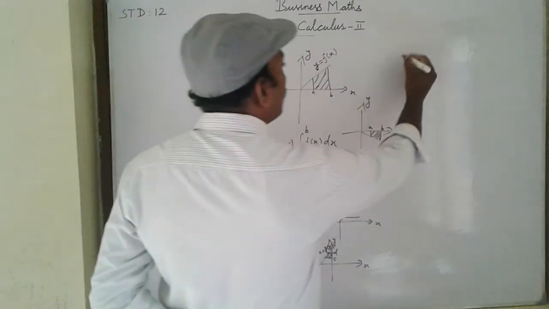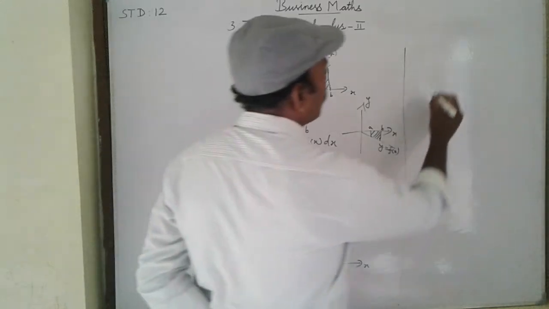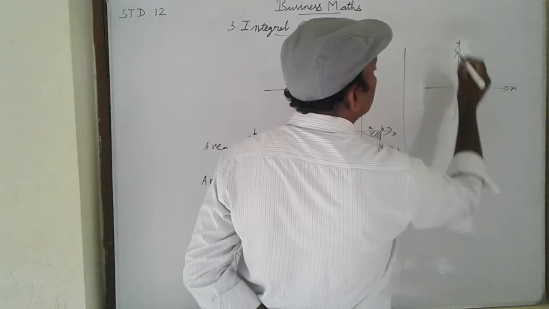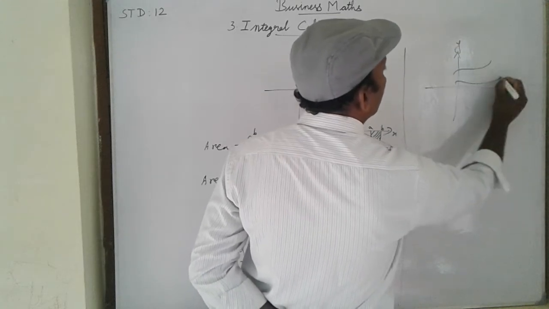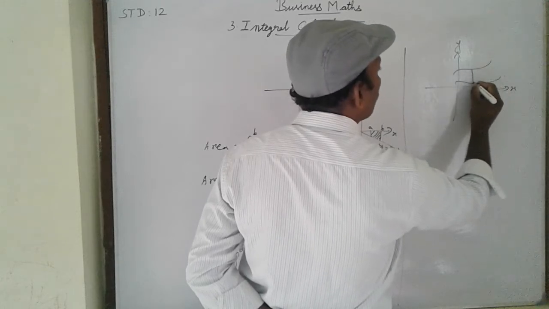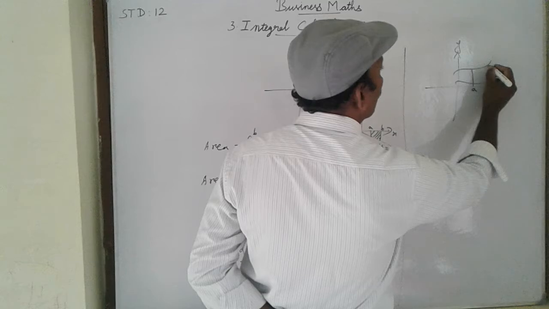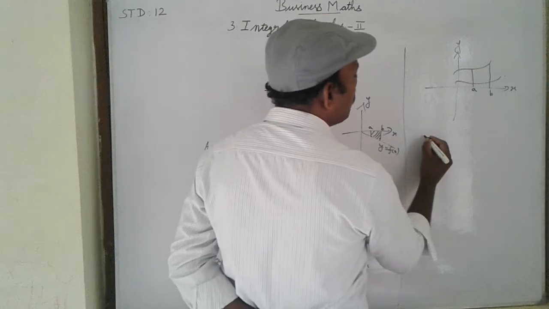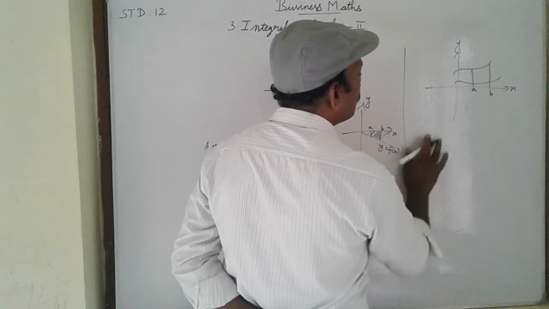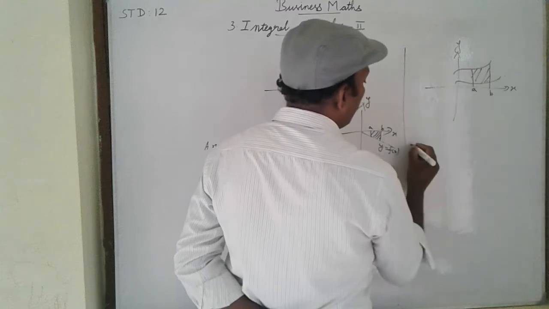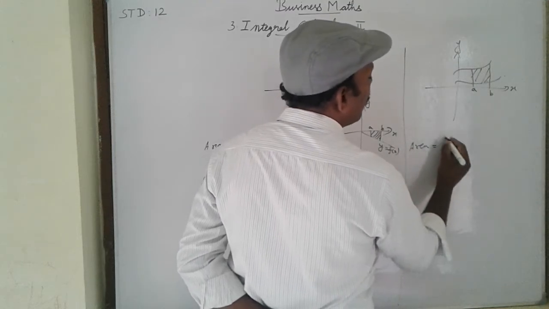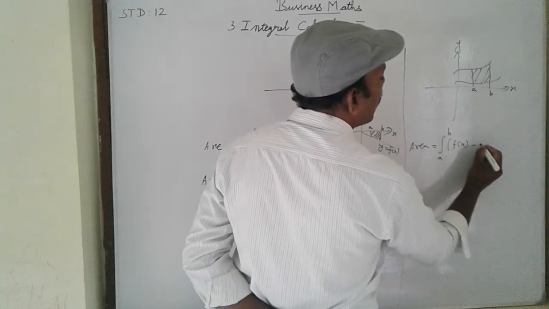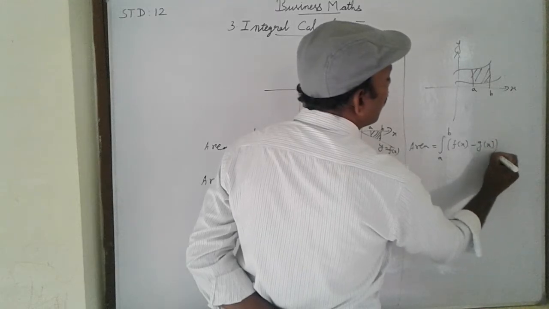Next, suppose two curves are given with the x-axis and y-axis, and we should find the area between them, with x values A and B. Then the formula is area equal to the integral from A to B of f of x minus g of x into dx.